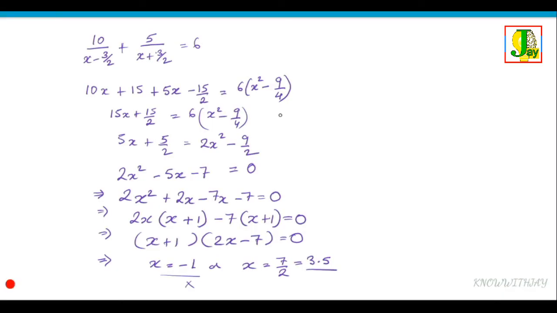This is how we solve it, and we get the quadratic equation 2x squared minus 5x minus 7. On solving the quadratic equation, we get x equals minus 1 or x equals 3.5. You can pause the video and go through the solution part.